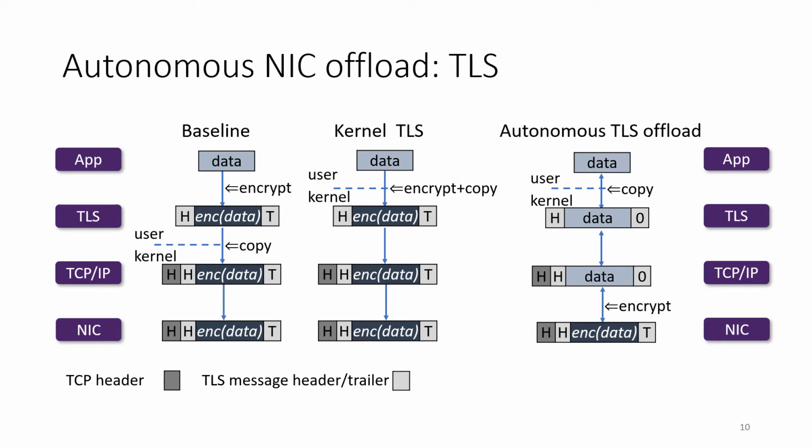In contrast to software, autonomous TLS offload eliminates the encryption operation on the CPU and performs it in NIC hardware instead. In other words, kernel TLS wraps application data in TLS records and pushes these to TCP, skipping the encryption and authentication of data. Kernel TLS provides placeholders for buffers filled by the authentication process, such as the trailer.